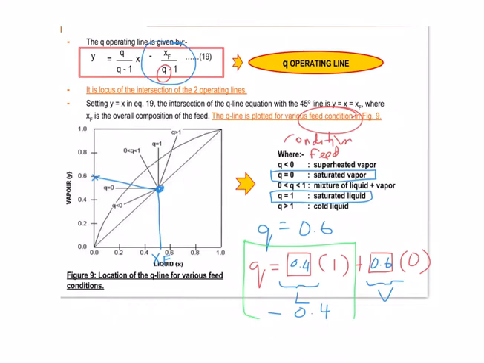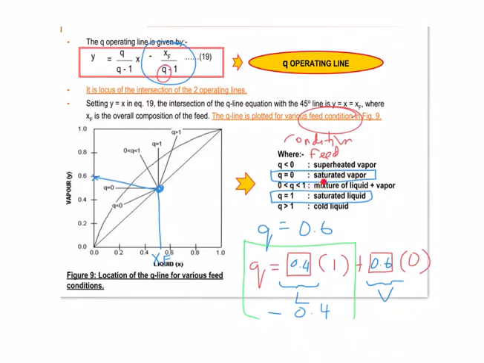Once the condition of the feed is given to you, you have to recognize whether the feed is saturated vapor or saturated liquid. If there is a mixture of liquid and vapor, the value of q is between 0 and 1.